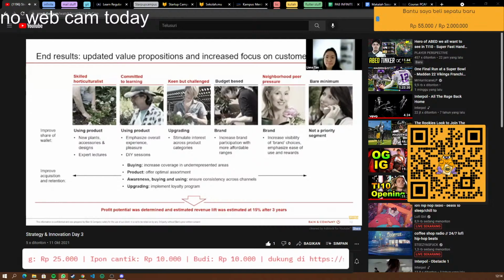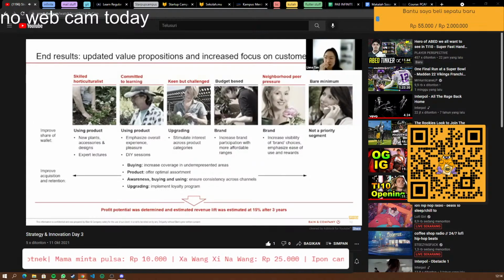Kalau mau dibawa ke project teman-teman yang memang belum bertemu value proposition-nya, bisa berdiskusi dengan Mbak Lina langsung. Belum ada jauh ini kan. Ya, oke. Mungkin ini artinya jelas ya.